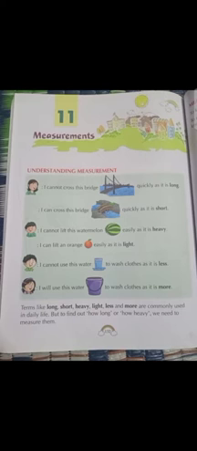Okay. So you see here, which are the terms we are learning here? Long, short, heavy, light, less and more are commonly used in daily life. So in our everyday life, we use these words: long, short, heavy, light, less and more. Okay? But to find out how long or how heavy, we need to measure them.